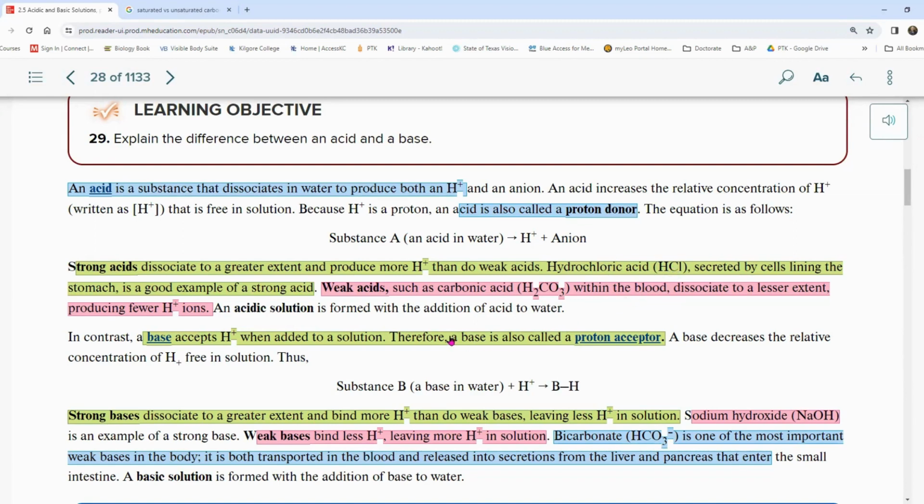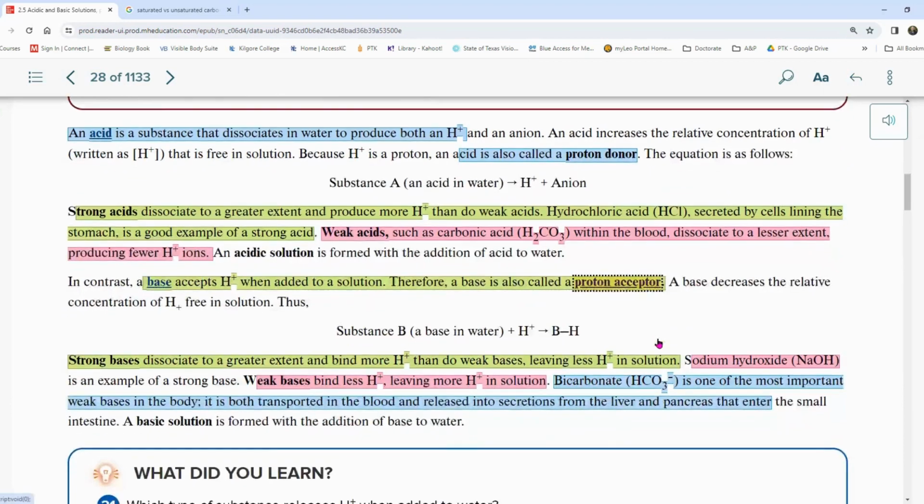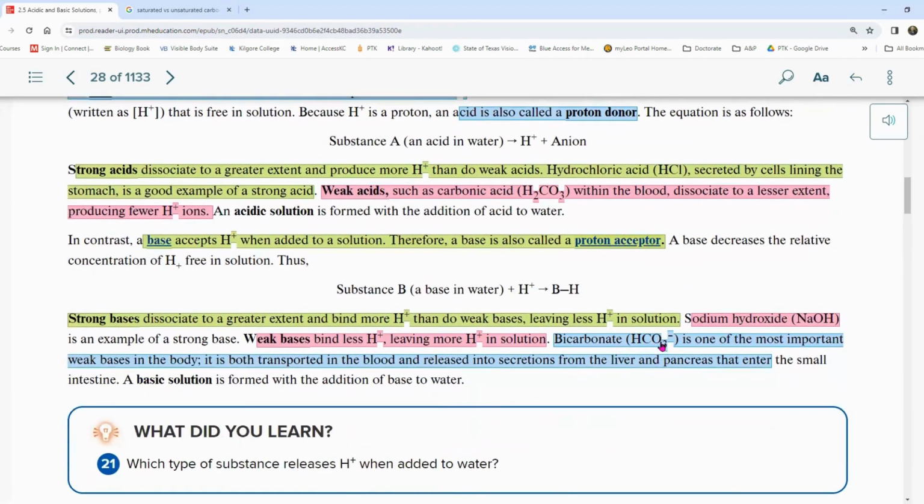A base is the opposite. Acids give away hydrogen, bases accept hydrogen, also known as a proton acceptor. Strong bases dissociate to a greater extent and bind more H positives than give off H positives.